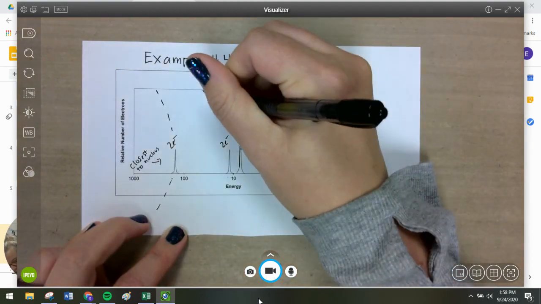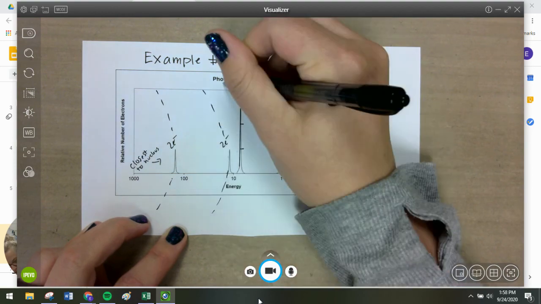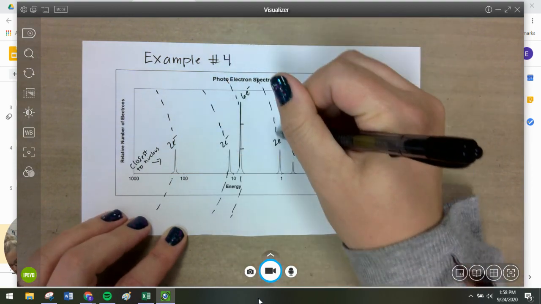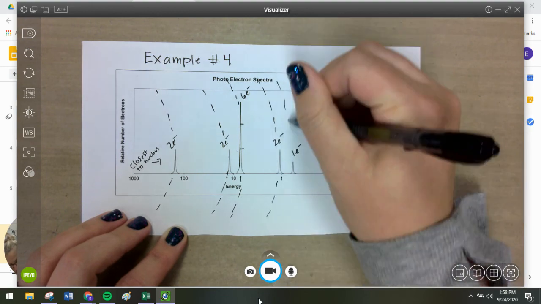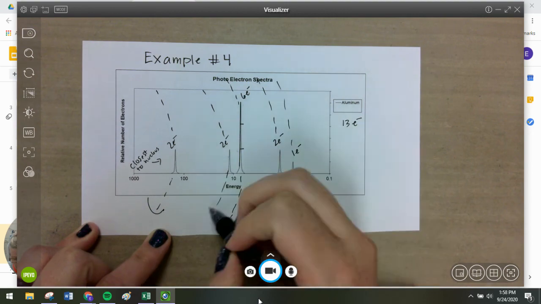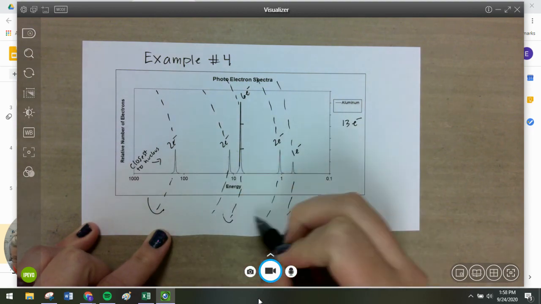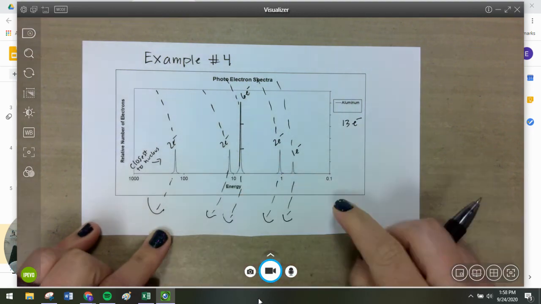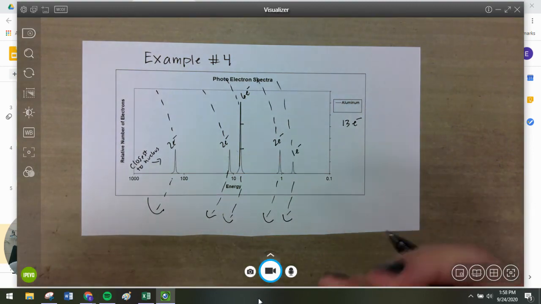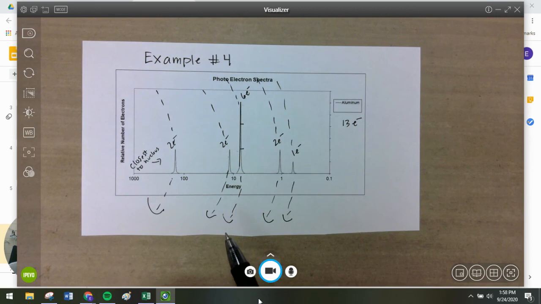So what we have are 5 subshells that are varying distances from the nucleus. Okay, so this is one subshell, another subshell, another subshell, another one, and another one. These make up those overall energy levels or shells that we talked about.